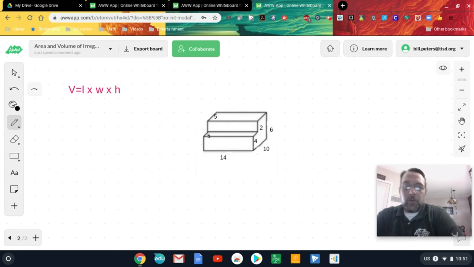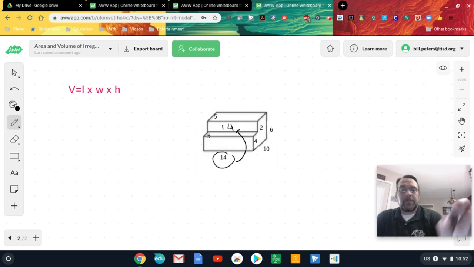Okay, ladies and gentlemen, we're going to do the volume of an irregular shape just like we did the area of an irregular shape. First, I'm going to label the sides I don't have. I see that my length is 14, and I got that from right here, so I carry it up to there. I have a width of 5, and I have a height of 2.